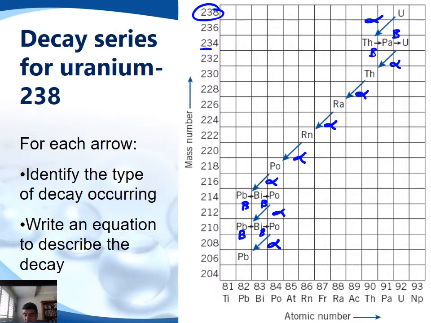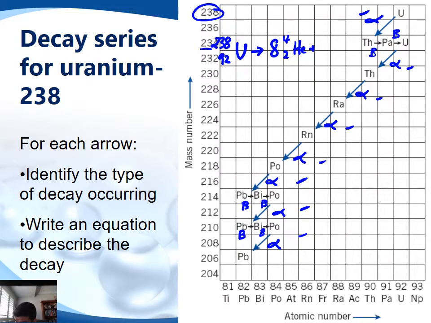If we were to write the equation to describe this decay, we would start with our initial substance, which is uranium-238. What we have is 8 alphas, which are 4 2 helium nuclei, you can call them helium nuclei.